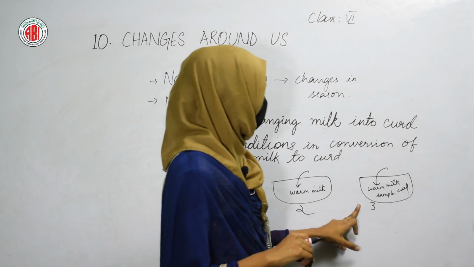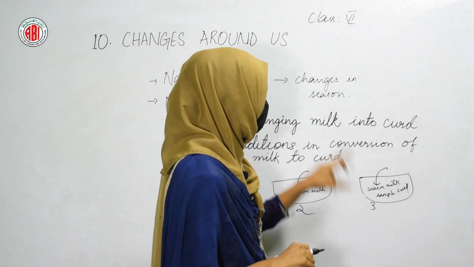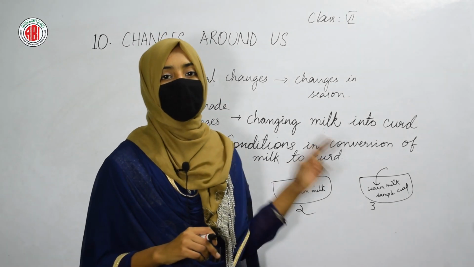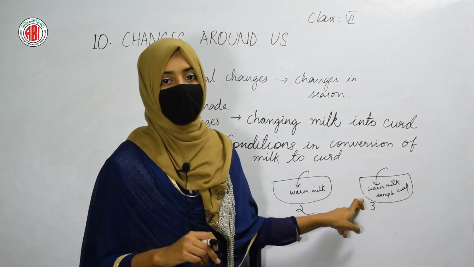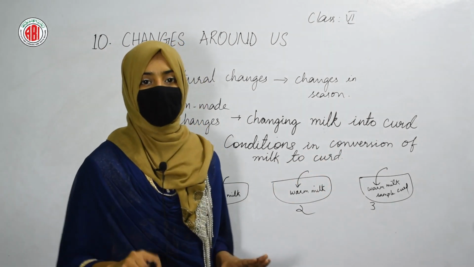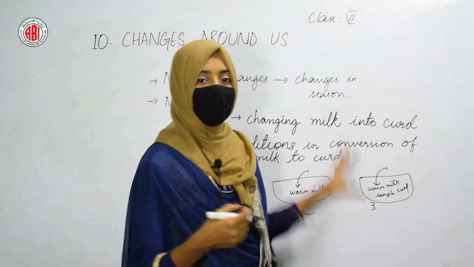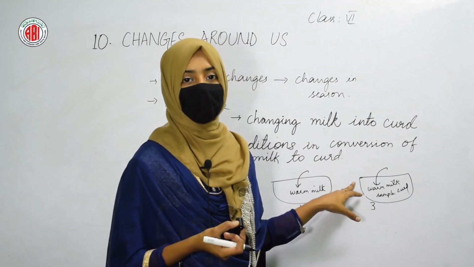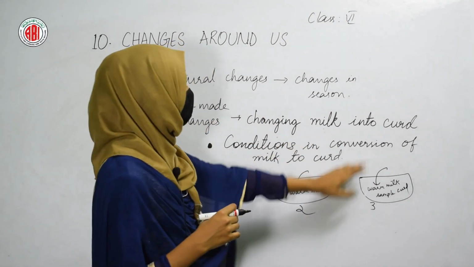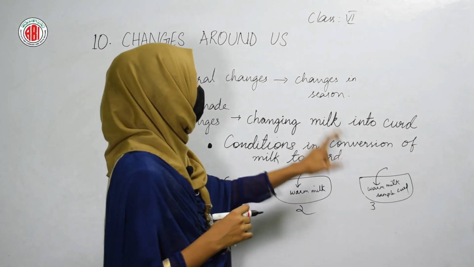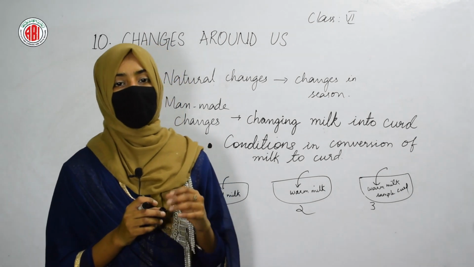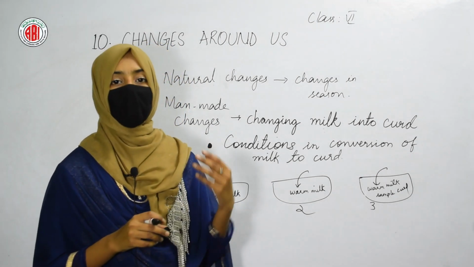But in the third bowl, along with the warm milk, we have added a spoon of curd, and that spoon of curd enables the conversion of milk into curd. In the first bowl and the second bowl, no conversion takes place, but in the third bowl, warm milk mixes with the spoon of curd. So here the milk gets converted into curd. There are some conditions that need to be maintained properly in order to convert milk into curd.